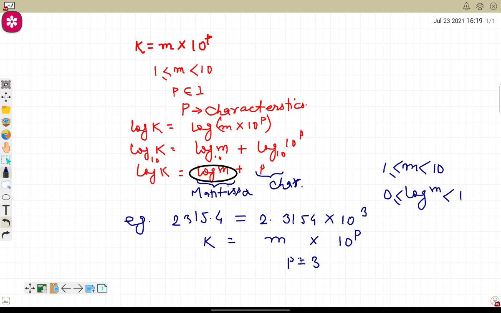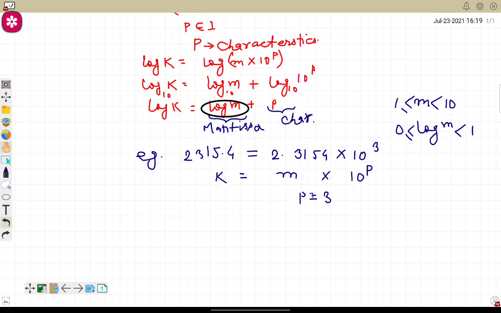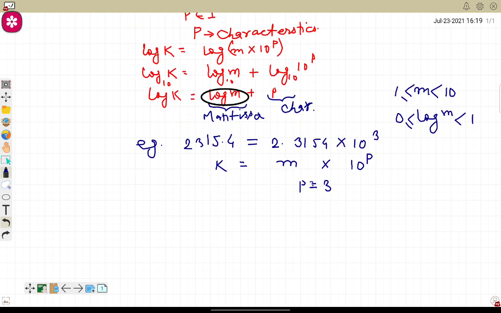How can we find it? Let some number be given, 378. We take an example of how we can find a log value. You need to find the value of log 378 with base 10.